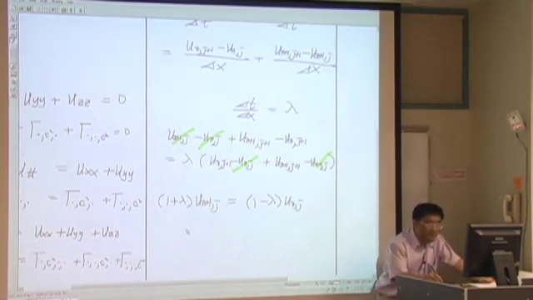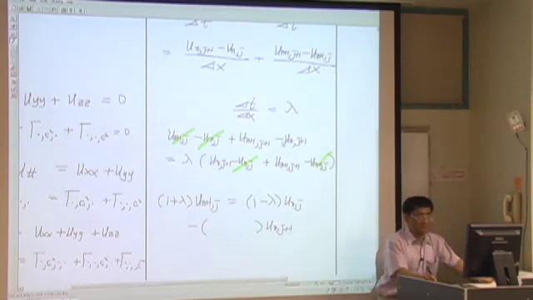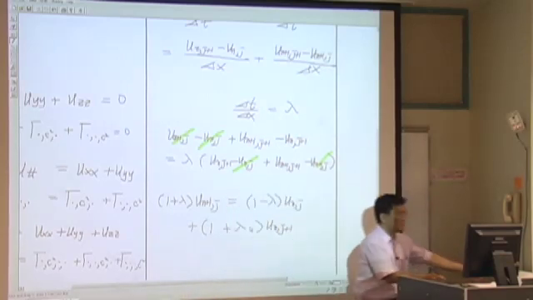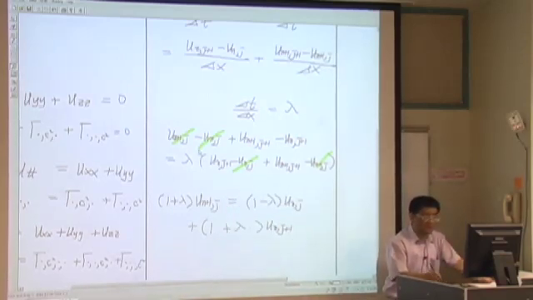Then plus, I will handle this term first. Minus UNJ plus 1. Then with this, if it moves to the right hand side, it becomes plus 1. And then here, UNJ plus 1 plus lambda. And then finally, before going into this, I will track down the used terms.